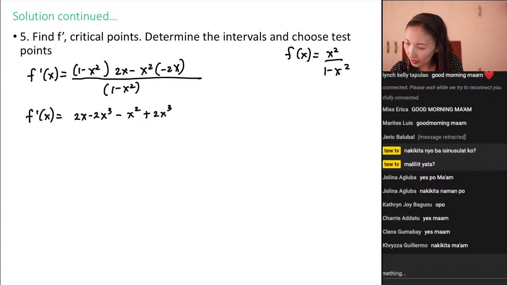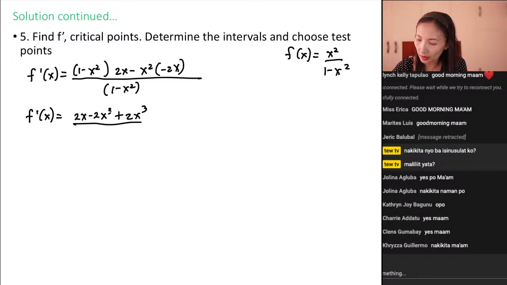Sorry, this is not part of it. Once more, 2x minus 2x cubed plus 2x cubed, all over the quantity 1 minus x squared raised to the second power.